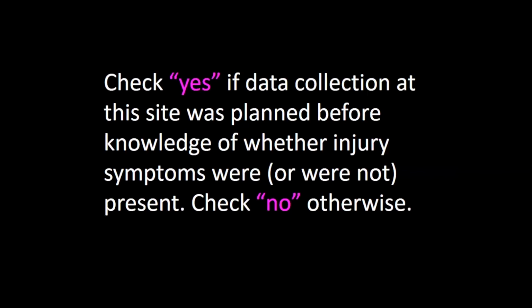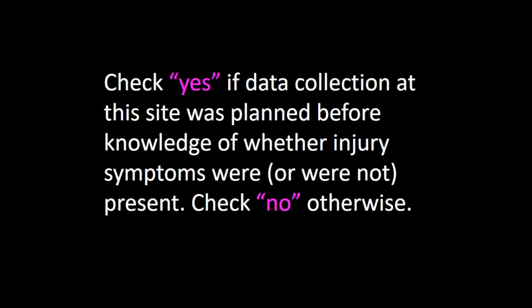But suppose, for example, that you were at a site, perhaps doing an exotic species control work day or something, and you observe injury at the site and you think to yourself, oh, I think I should report this. Well, in that case, you really don't have a planned visit, because you've made a decision to record the data after you already know whether or not symptoms are present.